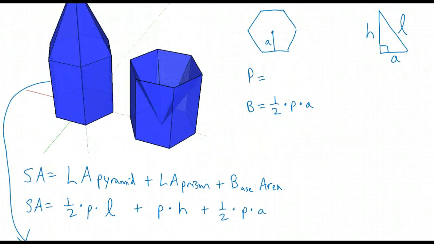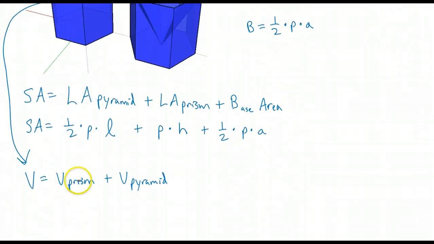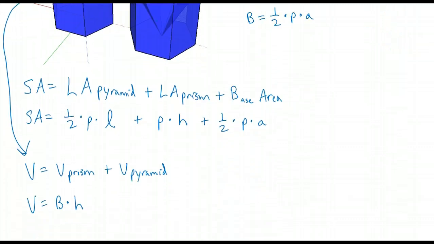The volume for this shape is getting bigger, so I want to add. The volume of my prism is going to be my base area times the height of my prism. The volume of my pyramid is going to be 1/3 my base area times my height.